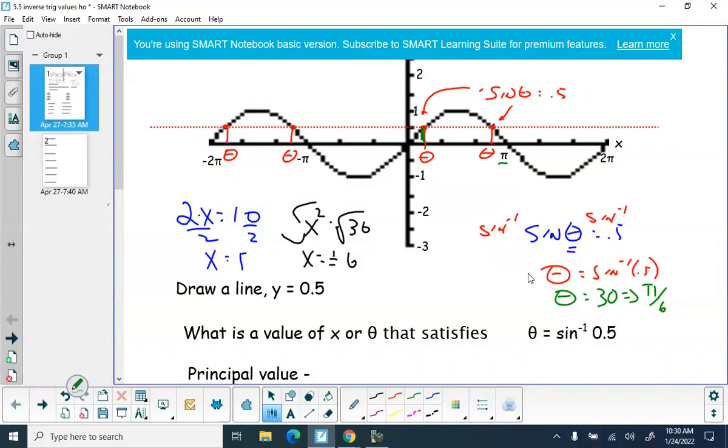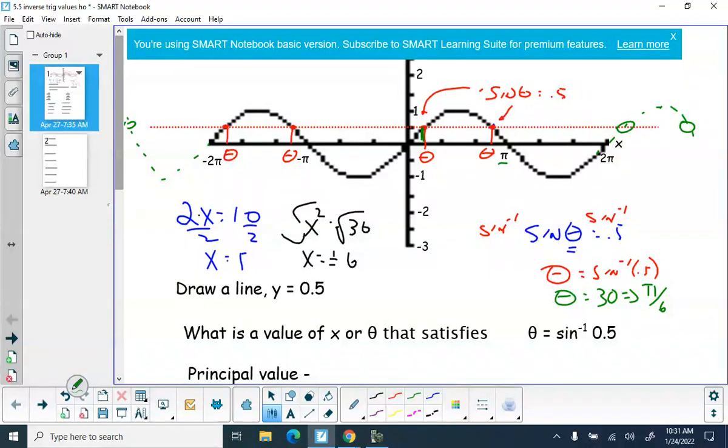But what we have here is 4 of them up here. And if I would continue my graph on, I would have another one here, another one here. I would continue on and up. I would have another one over here. We have an infinite number of values that make the sine of theta is equal to 0.5.